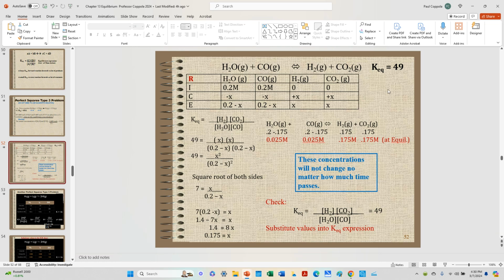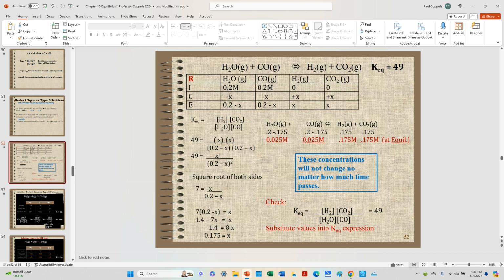I know there's a lot on this slide, but we're starting off with it. Here's our equation. We've got the KEQ. Here's our RICE table. The initial concentration is 0.2 and 0.2. That's before the reaction starts, and so there's 0, 0.